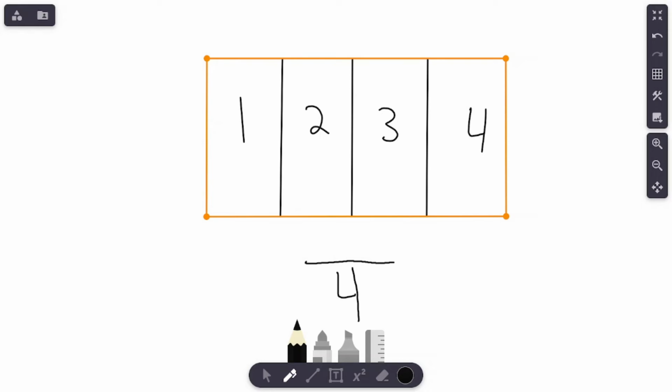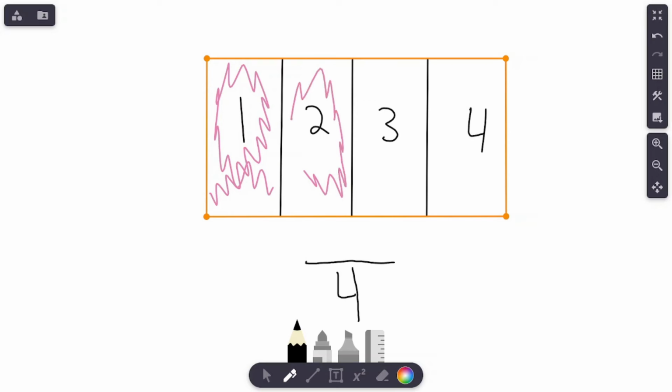Now, what I'm going to do is build off of what you have been doing. How many sections? You said there were 4, so I put 4 sections down here. And now I'm going to color these in real quick with a pinkish color. There we go.